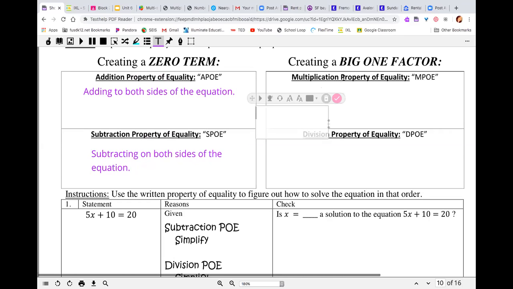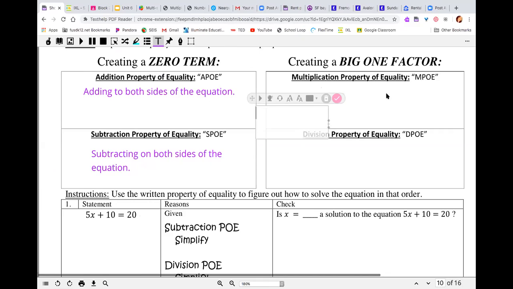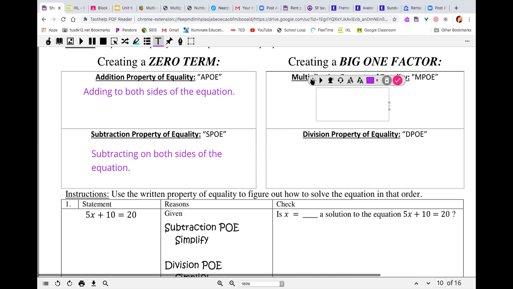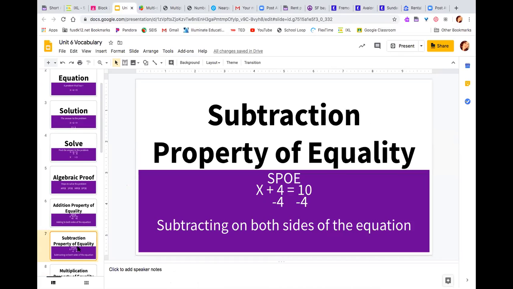Okay, so multiplication property of equality, MPOE, is going to be what? Which one is multiplication? Okay.